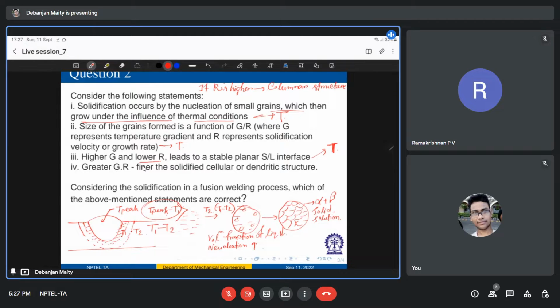Wherever the temperature gradient is higher, the growth rate will also increase, and it starts to form a columnar kind of dendrite structure. Going away from that high temperature gradient zone to the low temperature gradient zone, those microstructures will be unaffected, and there you will end up with a fine microstructure.